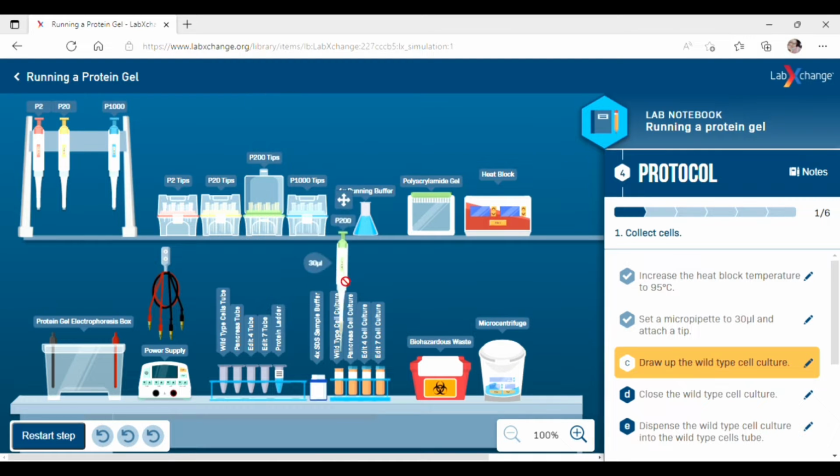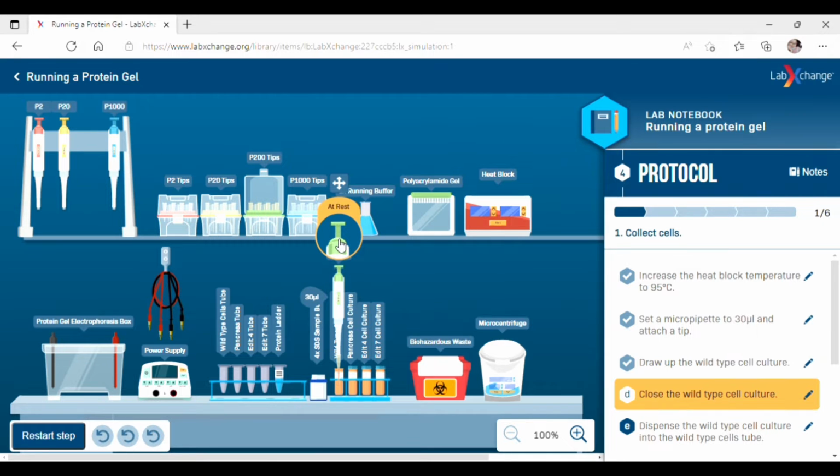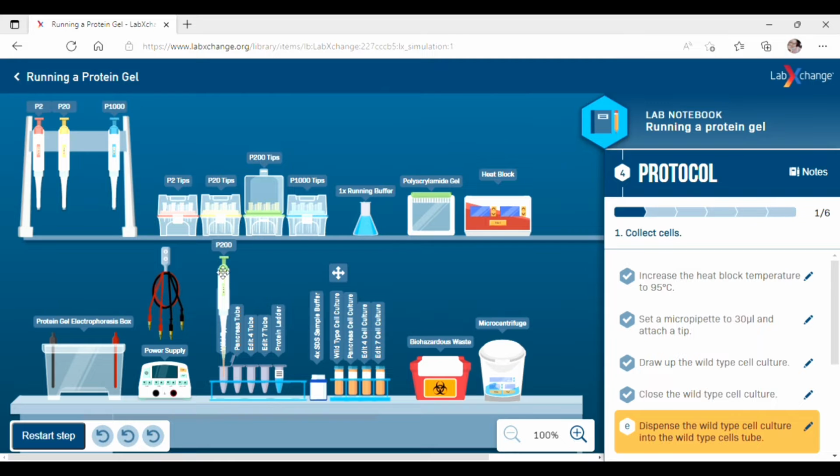Draw up the wild-type cell culture. Close the wild-type cell culture and dispose the wild-type cell culture into the wild-type cell tube.